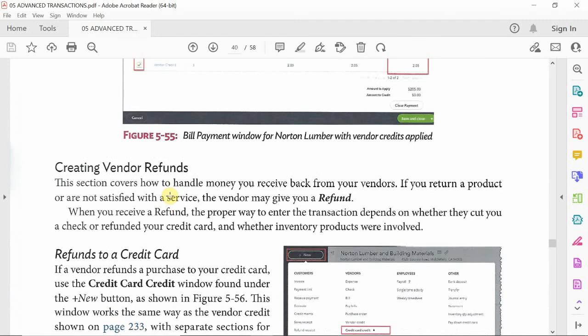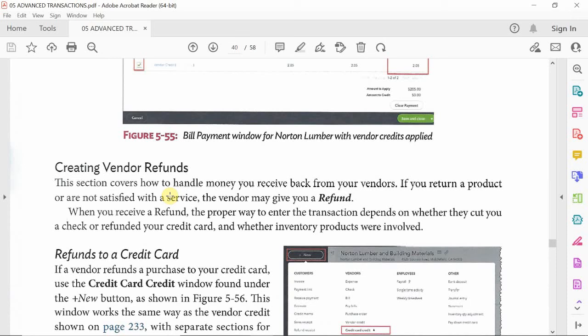So again, they're doing something to modify the bill in that kind of way. Now, what happens when you decide to return products, services, or items, whatever it is, to a vendor? Then you're going to end up receiving a refund. So that's the huge difference.